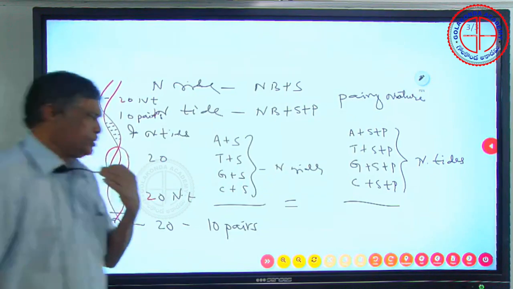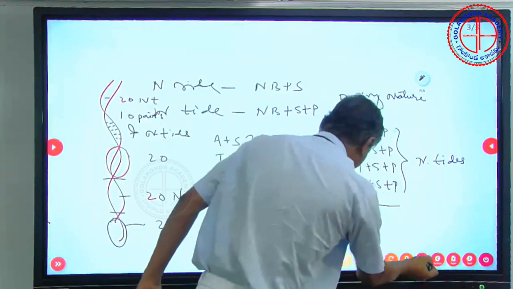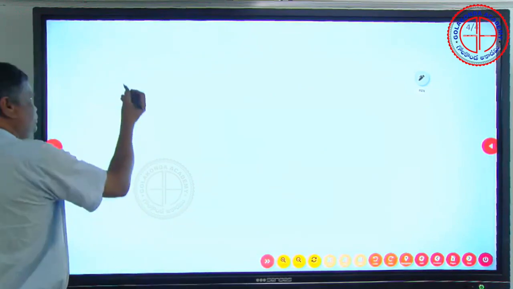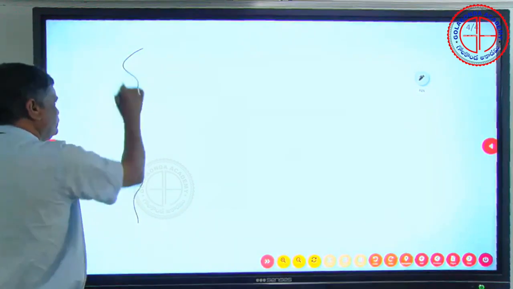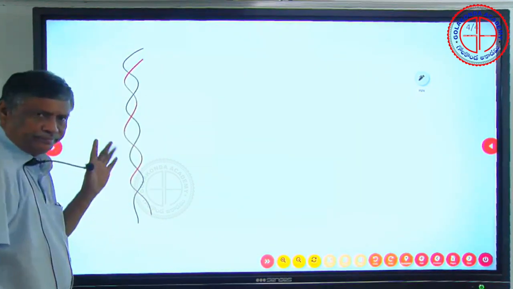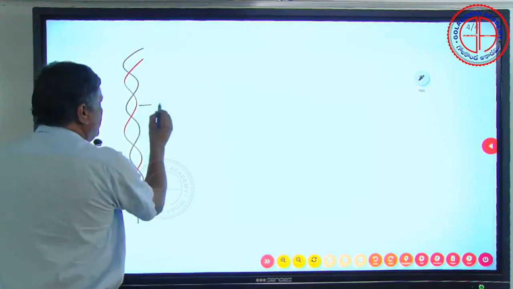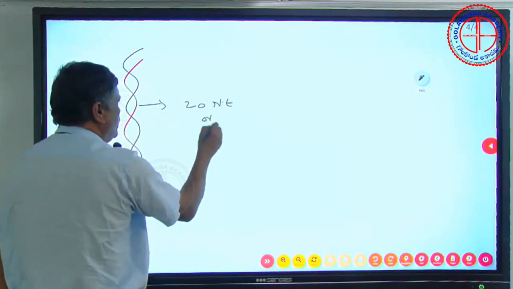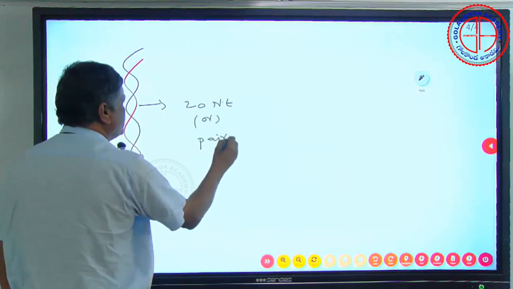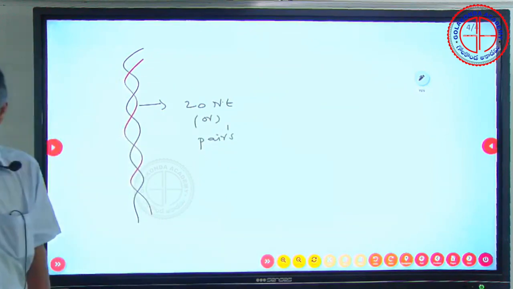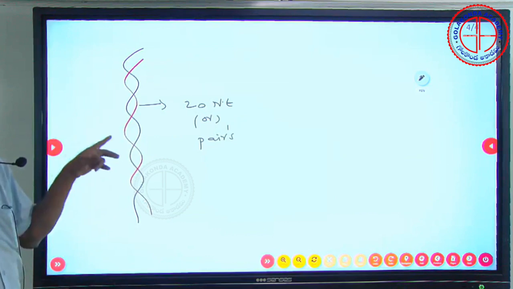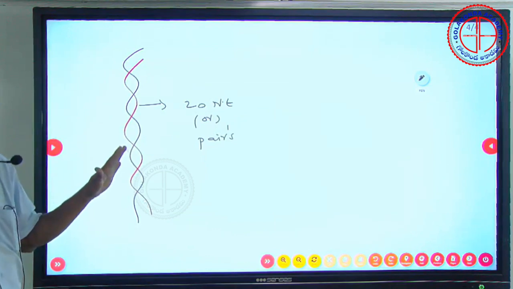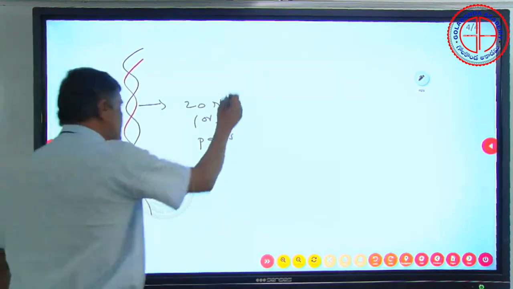Then what is the conclusion today? Yesterday, the coil was filled with 20 nucleotides or 10 pairs of nucleotides. What is a nucleotide?